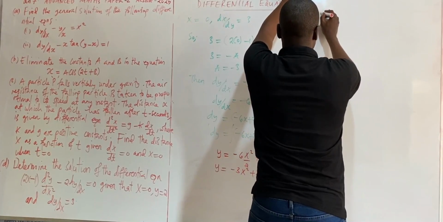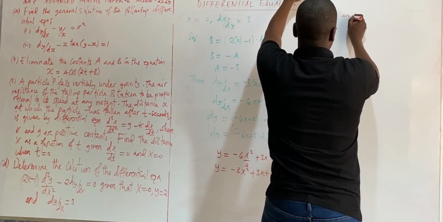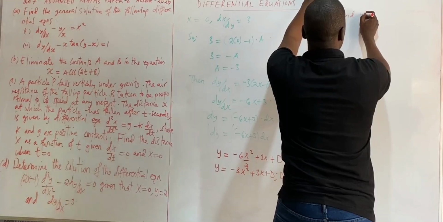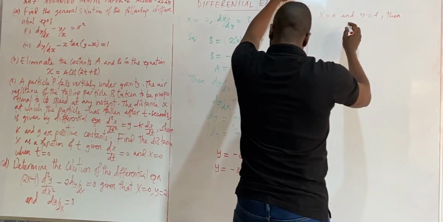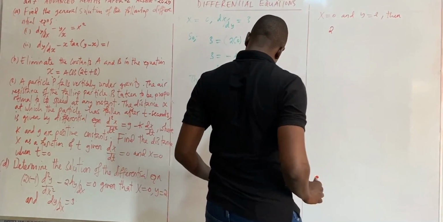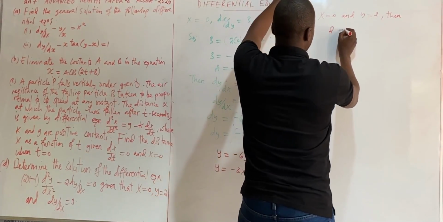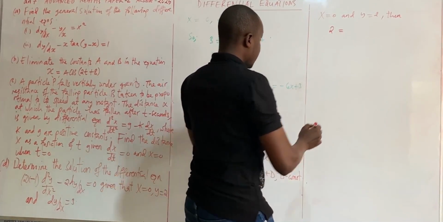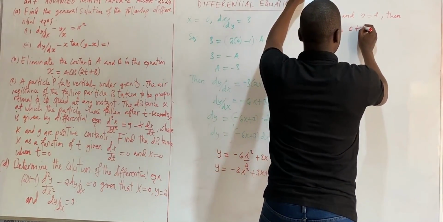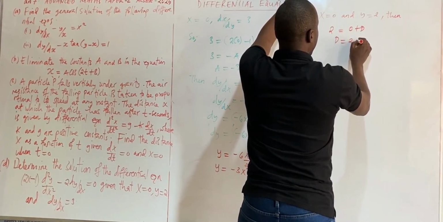So now we say since x equals to 0 and y equals to 2, then here we put 2 where y, equals to, where x now we put 0, so here will be 0, 0, now we plus d. So it will be 0 plus d. So now d becomes 2.